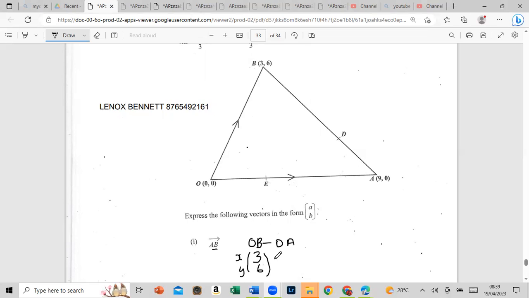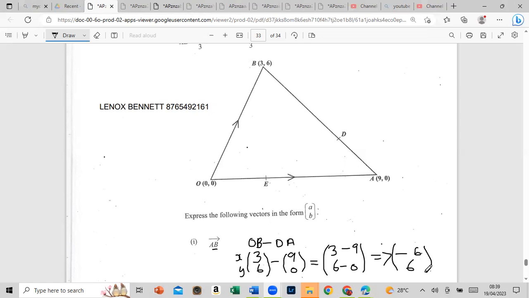So we're going to subtract the x value from the x value. OA is (9, 0). So we just subtract now. It's going to be 3 minus 9, and then 6 minus 0, which works out to negative 6. 3 minus 9 is negative 6, and then 6 minus 0 is 6.